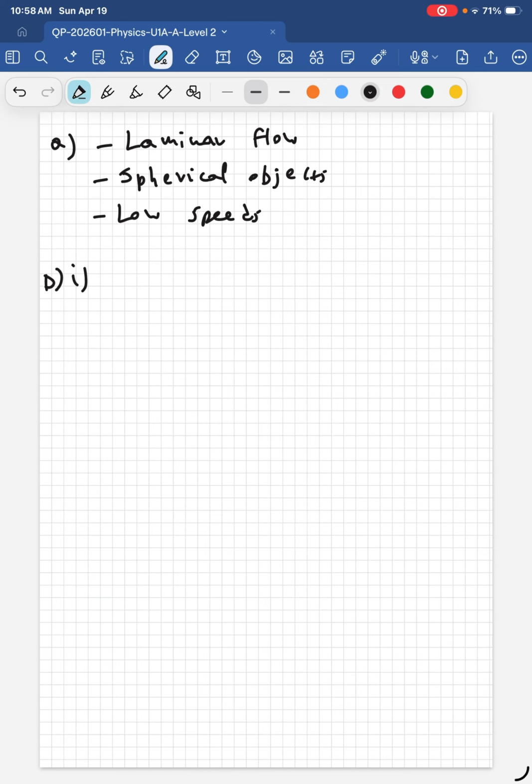So we are given, let me copy down, the force is 2.3 times 10 to the negative 5 newtons. The diameter of the sphere is 4.5 times 10 to the negative 3 meters.